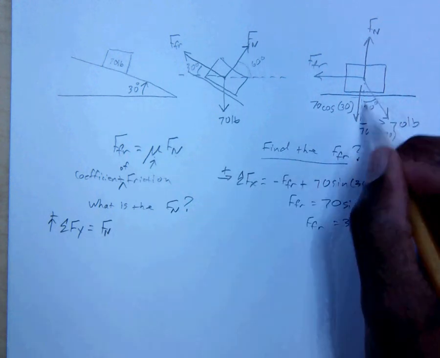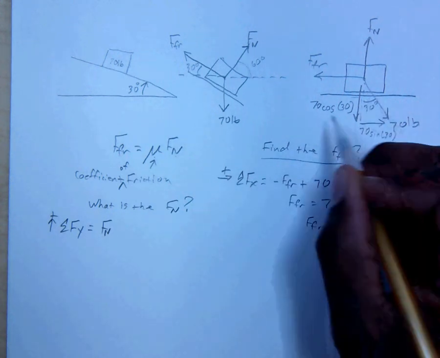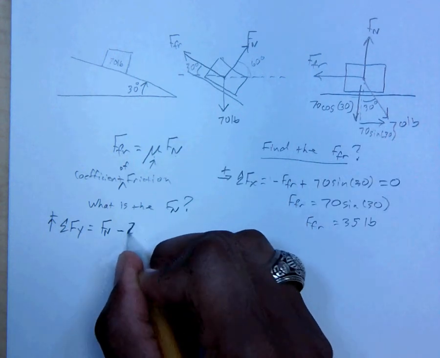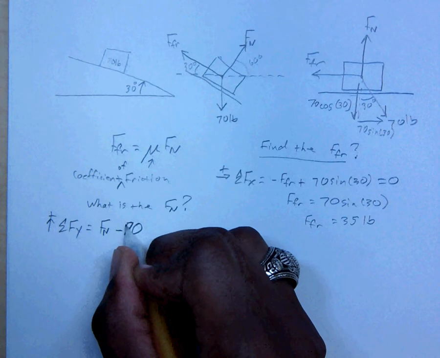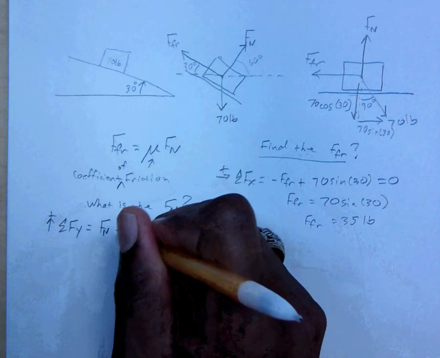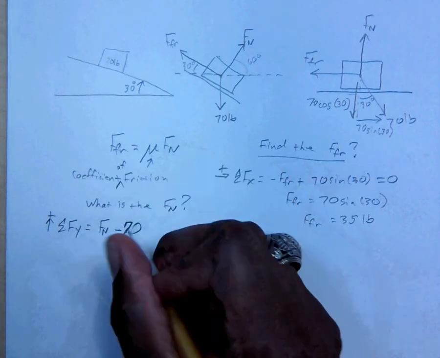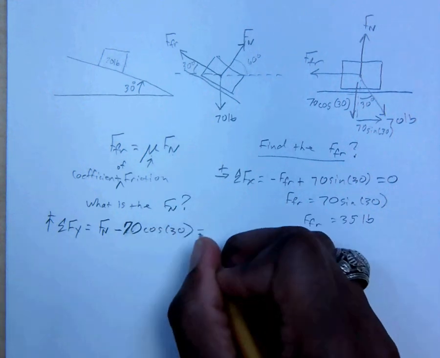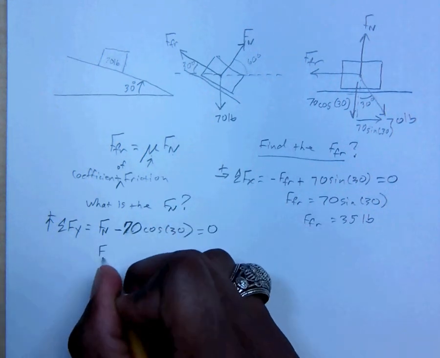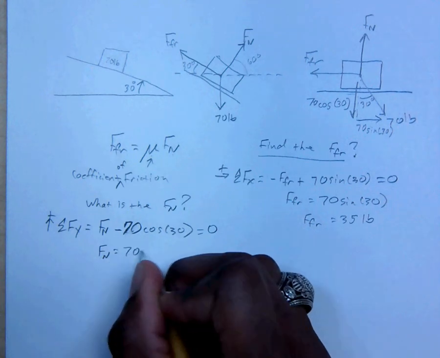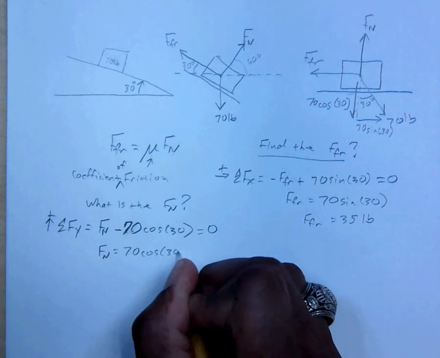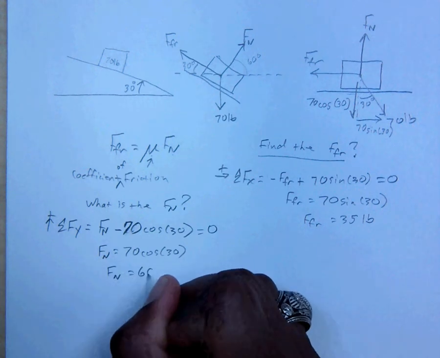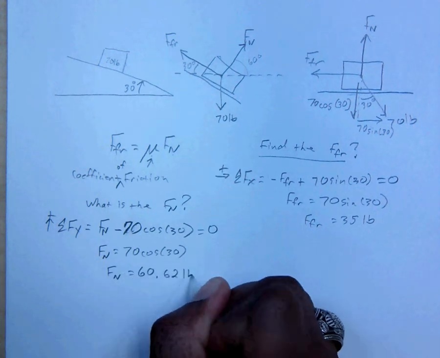And then I have this component of the weight, which would be 70 cosine of 30. That's going down, so minus 70 times the cosine of 30. And that's supposed to equal 0. And so now my normal force is just equal to 70 times the cosine of 30, which, if we calculate that, my normal force is going to equal 60.62 pounds.